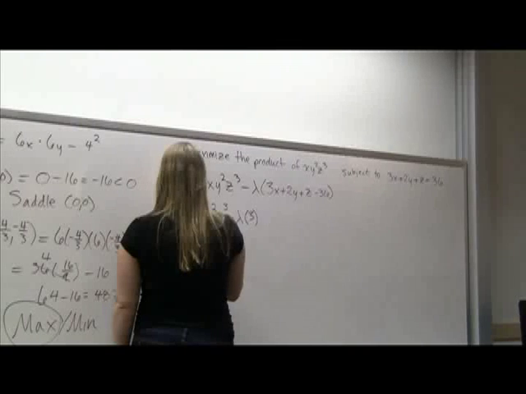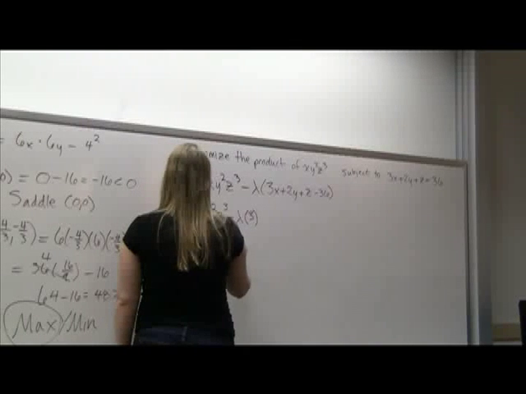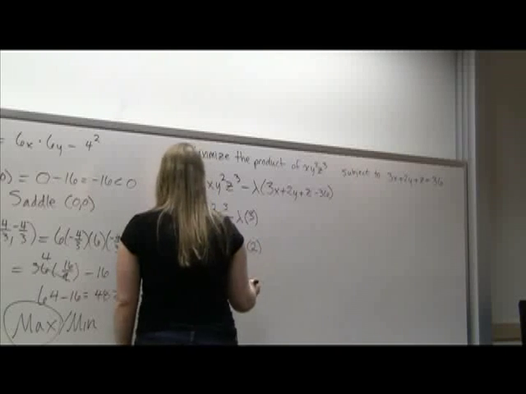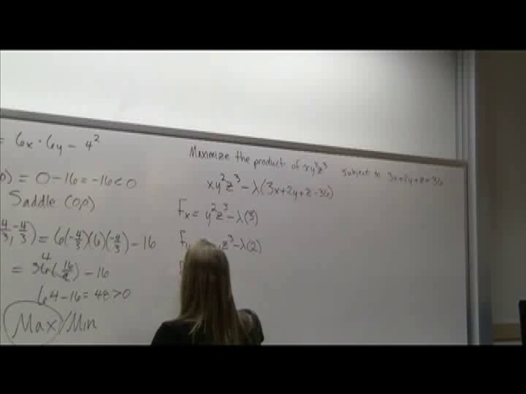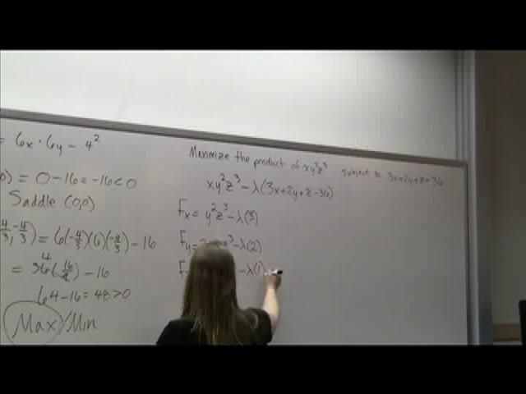The derivative with respect to y is 2xy z cubed minus lambda times 2. The derivative with respect to z is 3xy squared z squared minus lambda times 1.